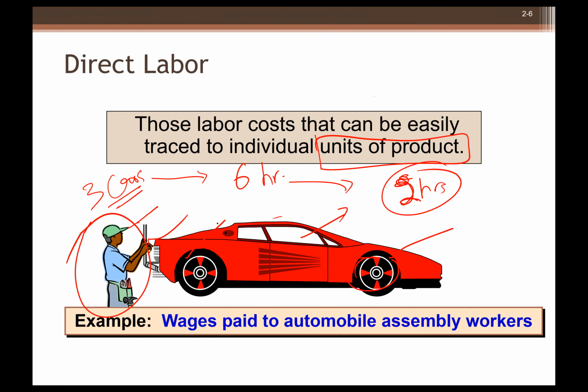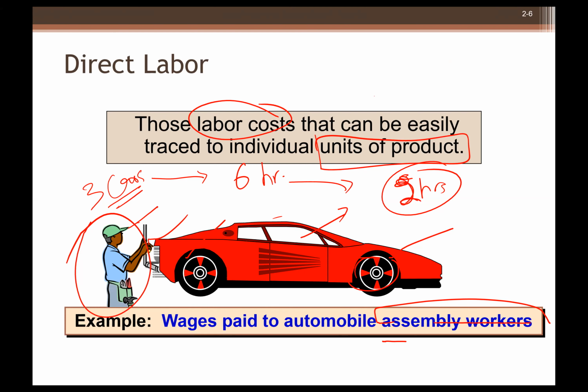So for these cars, you can easily calculate the labor cost, right? Wages paid to automobile assembly workers, electricians, those who are assembling tires, those who are installing the gear system, exhaust, installing AC connection, this kind of stuff, right?